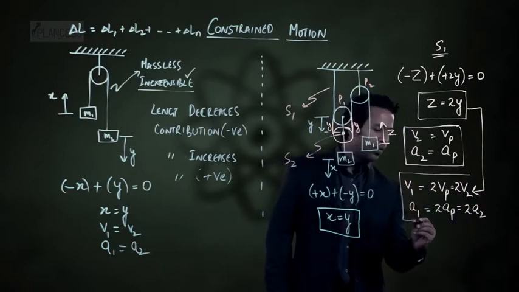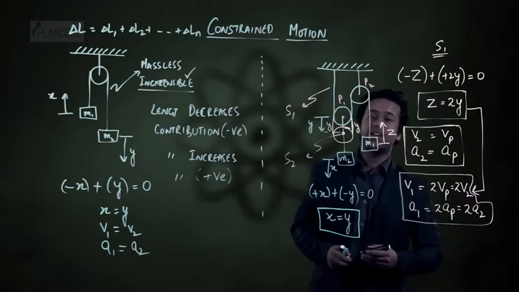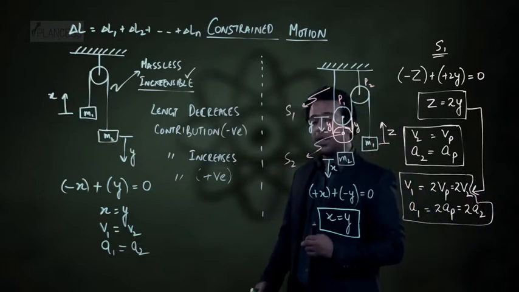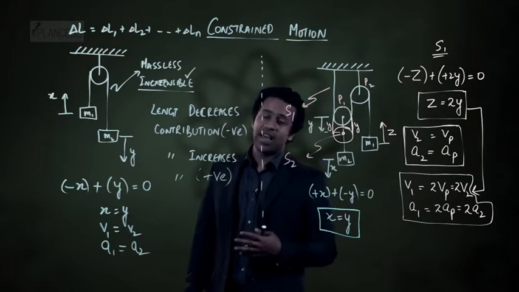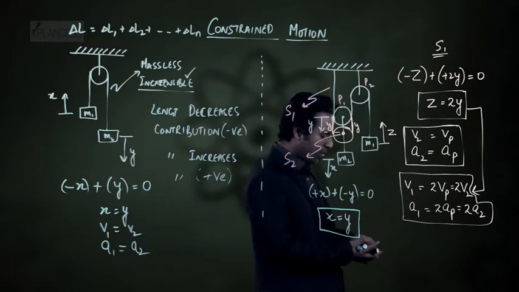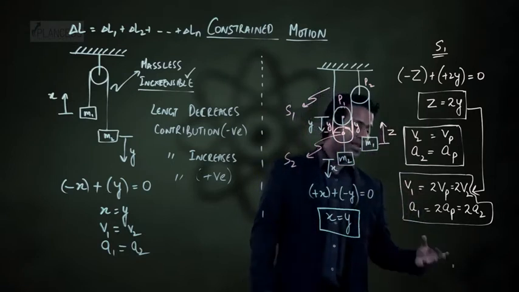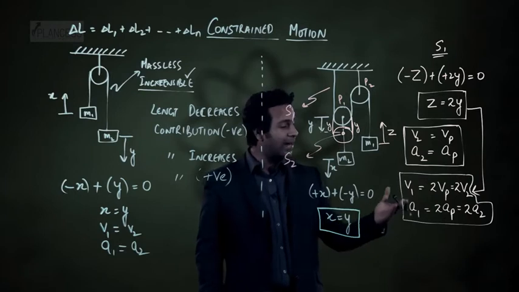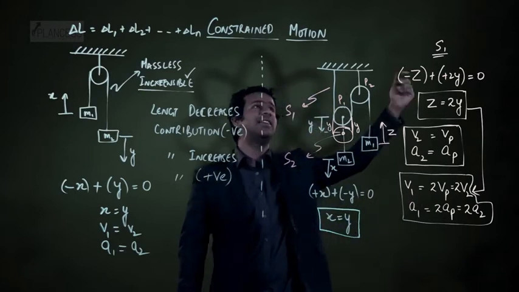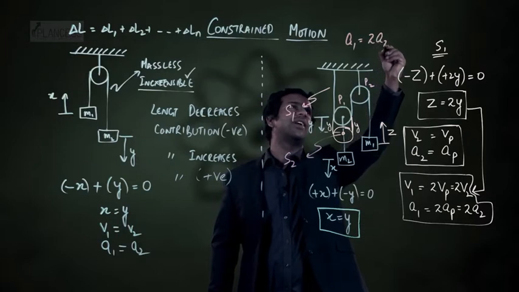Once again, we see that the relation of displacement directly translates to the relation between the velocities as well as the accelerations. So once this is done, we have the final values which we were looking for. That is, we have a relation between A1 and A2, and we see that A1 is equal to 2 times A2.